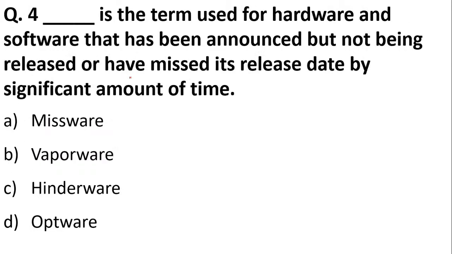Dash is the term used for hardware and software that has been announced but not released, or has missed its release date by a significant amount of time. So at times, students, it happens, like there is one session for you. I'll tell you, okay, this is a very mega session that I'm going to conduct on Monday.